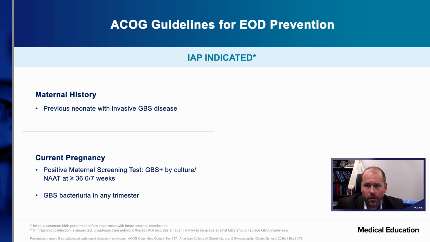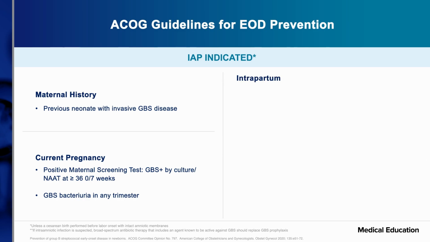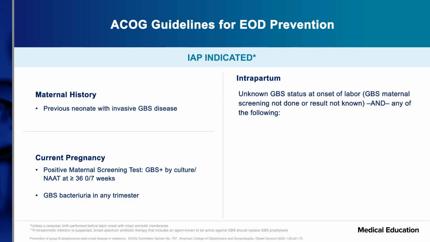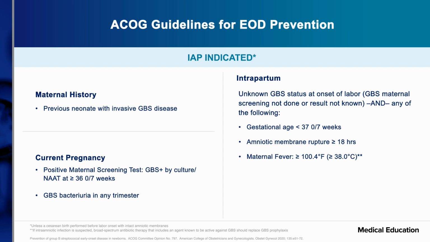Also in the intrapartum, if there's an unknown group B strep status at onset of labor, and any of the following: a gestational age that's less than 37 weeks, amniotic membrane rupture at greater than 18 hours, a maternal fever of greater than 100.4, or an intrapartum GBS NAAT result that's positive, so a test that's done on the spot and is positive.